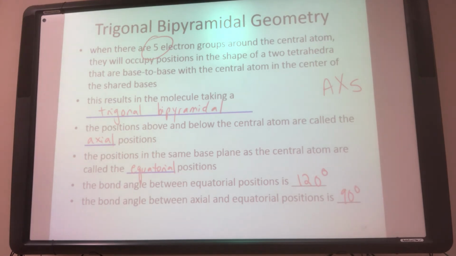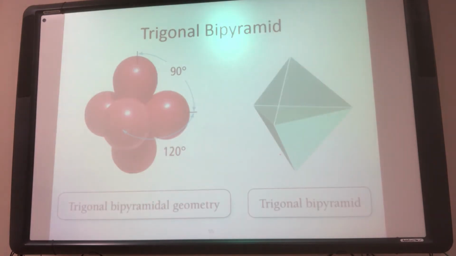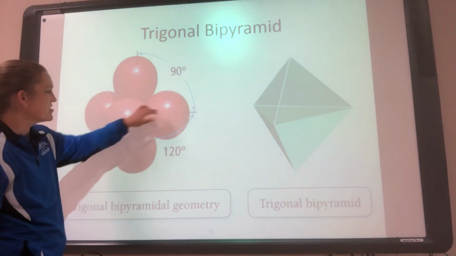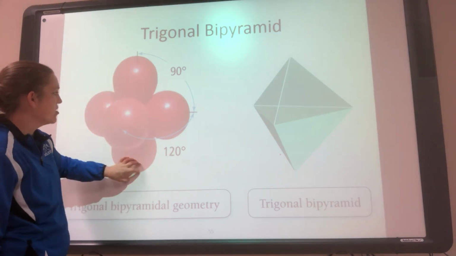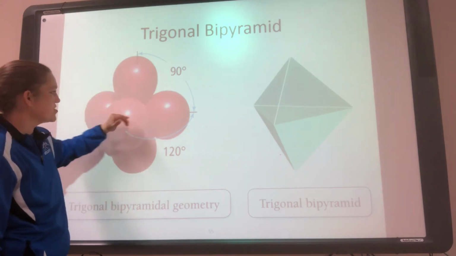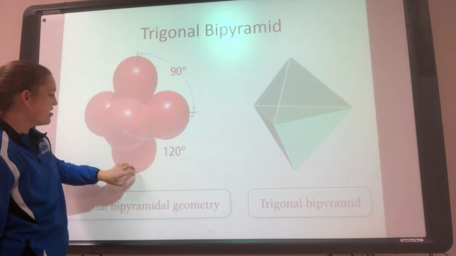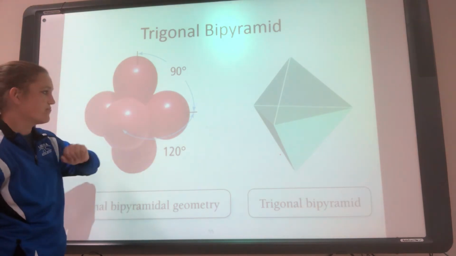Okay? So let's look here. So we have my balloon structure. So if I put them all together, you have the 3 in the same plane, one on top, one on bottom. So between the same plane, these 3, this is 120, and from top to bottom is 90. This is axial, axial, equatorial, equatorial, equatorial, okay?